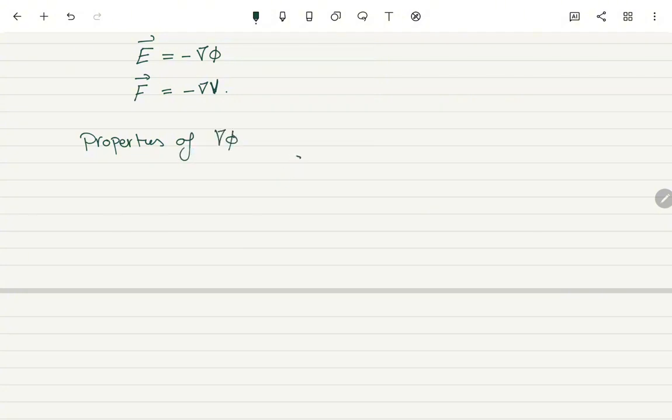If we assume that phi(x, y, z) is a constant c, then we have a surface, this is the origin, this is R, and this is P. Phi is some constant here.